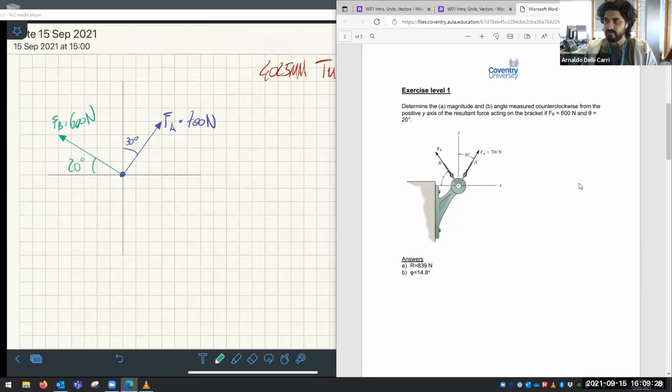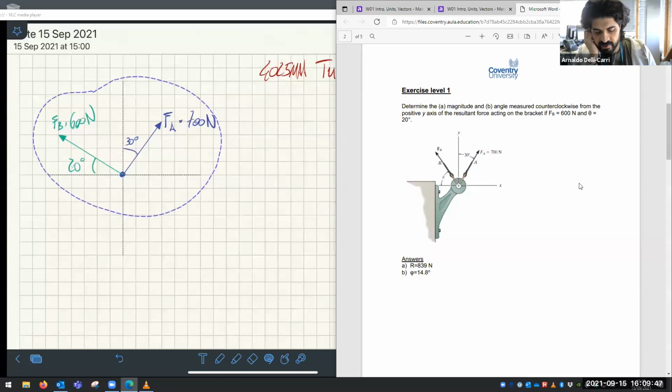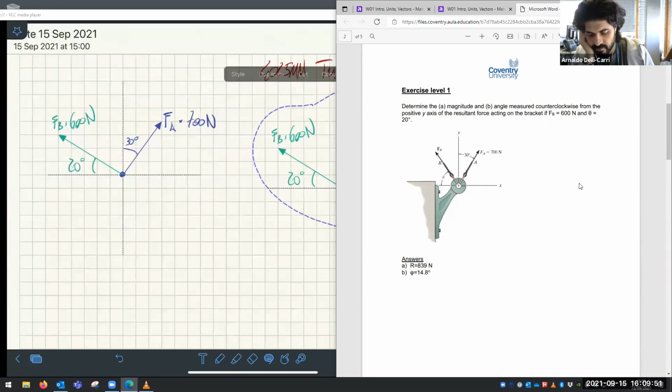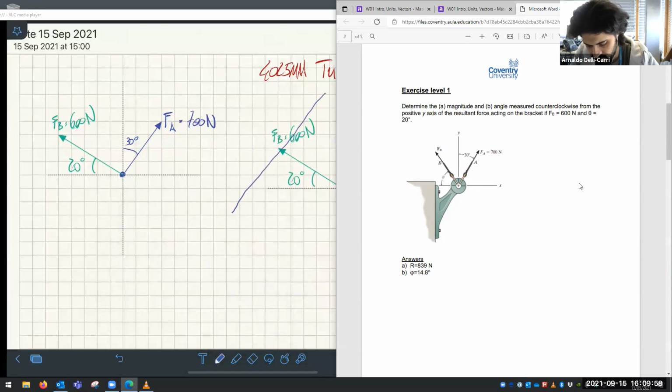Okay. So what is the resultant force? Well, you can do this in the graphical way or in the analytical way. The graphical way, you can use the parallelogram method, where you take the perpendicular to this line.